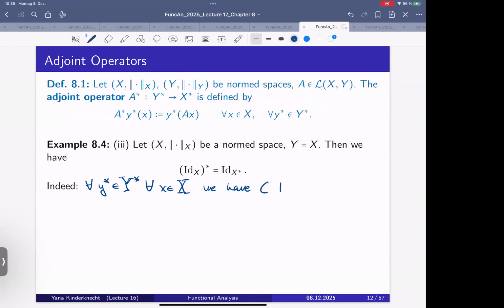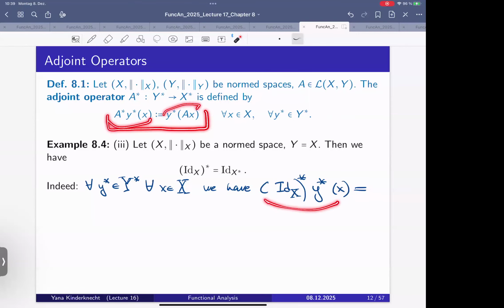So identity operator in X, its adjoint, applied to Y star and evaluated at the point X. I use this formula, so the left-hand side is equal to the right-hand side. The right-hand side looks as follows.